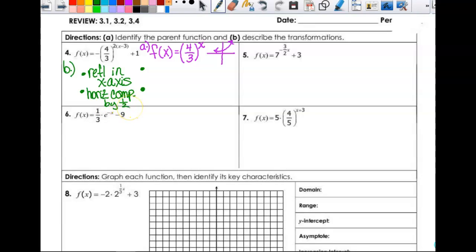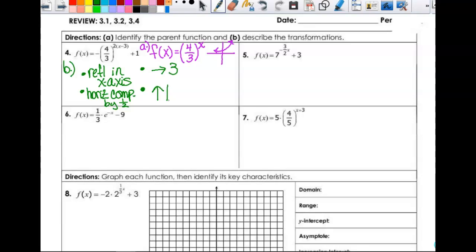Because x is a liar, he's still a liar. So then I move on to the 3. Does that affect x or y? X. So that means, again, that is x. So that's a horizontal translation. Am I going left or right? Right. So I go right 3. And what does the 1 mean I do? Up 1. Do we agree with that? Yes?